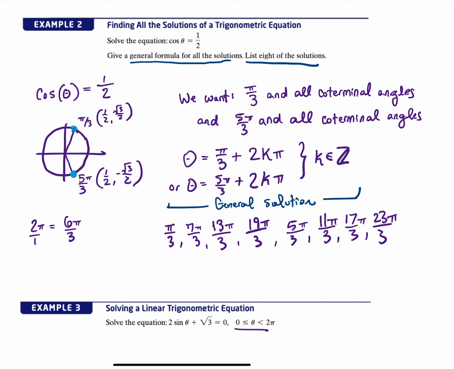So we can stop there because we just wanted 8 solutions. But we could keep going. We could list an infinite number. So we have the general solution, and I would call these particular solutions, like specific solutions to our equation. But in general, we have an infinite number.